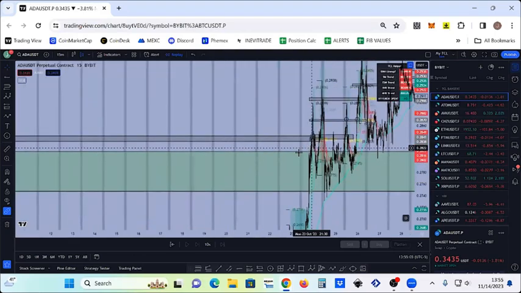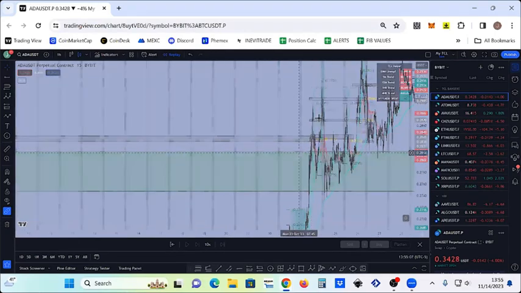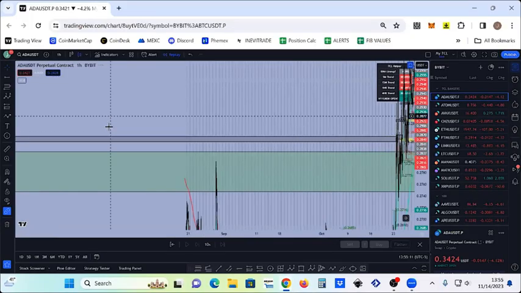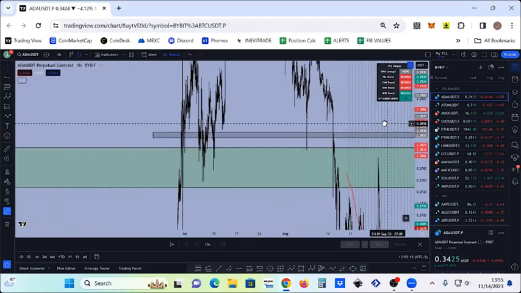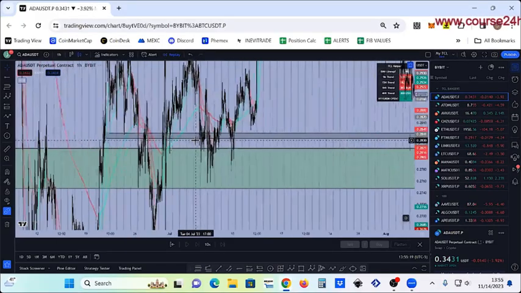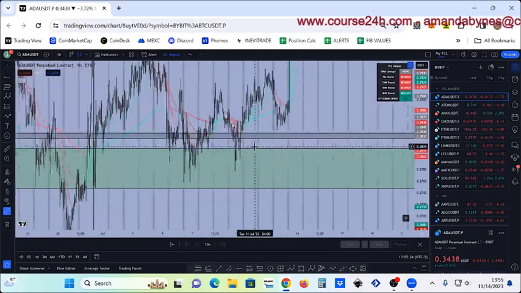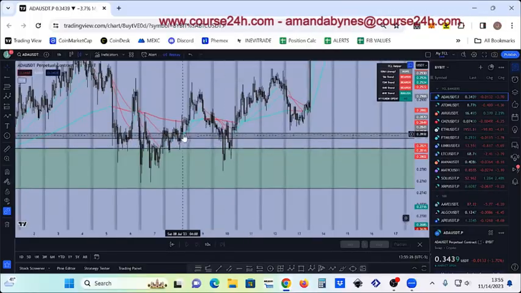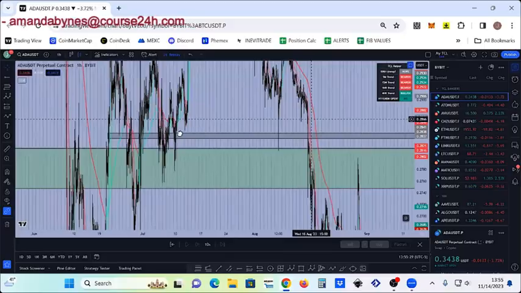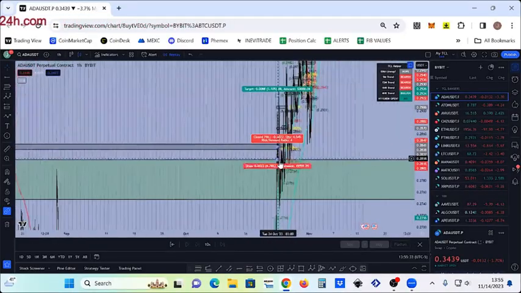I think maybe this is the one where I went to the 1 hour. And there was this wick that came through it, and some contact points here, small ones here and here. So again, I decided to set that up as well, but not every one is going to work out in your favor.